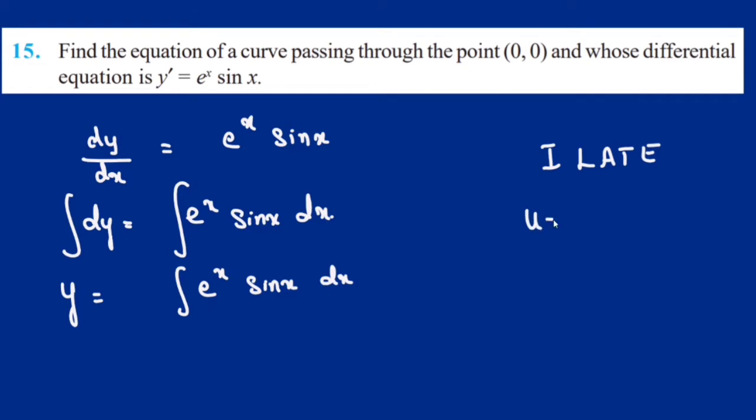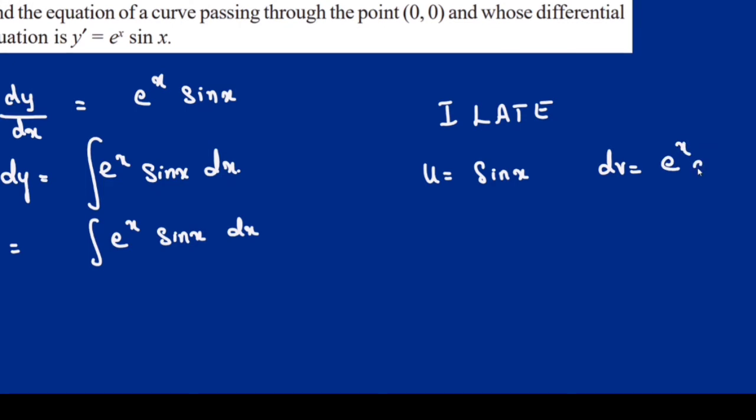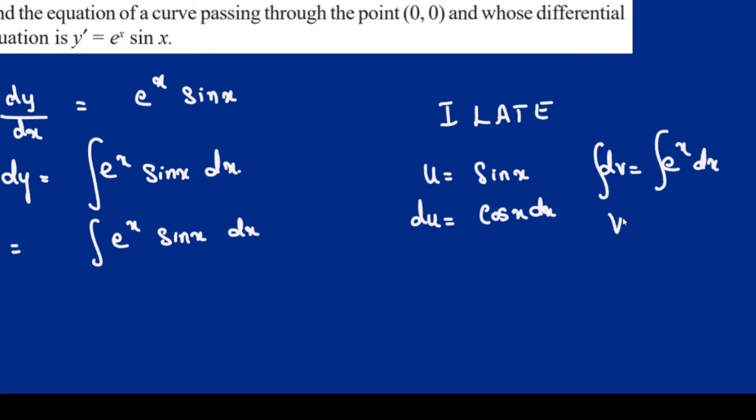So put u as sin x and the remaining, that is e power x dx, take it as dv. So it is integration by parts: one part to take as u, the other part as dv. Now differentiate here, so du is cos x dx, and here you integrate, so v is e power x.